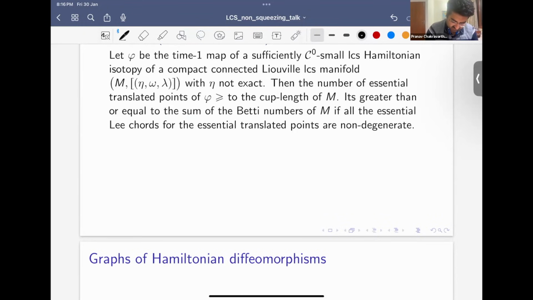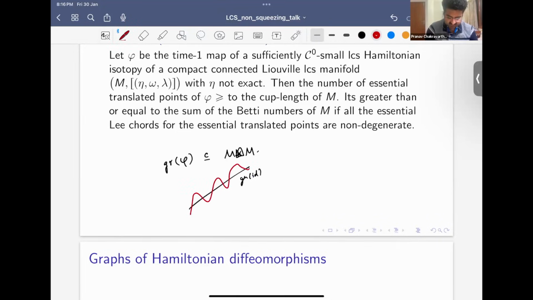There is one little trick that one needs to do apart. Because the map is C0 small, you can look at the graph of this map inside the product, and this is C0 close to the graph of the identity map.